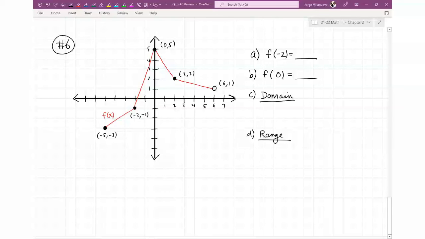So you can see a picture that I drew. I labeled all the points and everything. I told you that the function is called f of x. And I'm asking you, what is f of negative 2? So f of negative 2 means, if x is negative 2, what is y? If you look at your picture, where is negative 2?